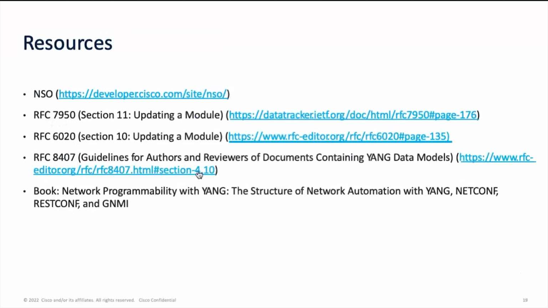This is a very useful document that talks not only about backward compatibility, but other aspects of the Yang language. And of course, the book Network Programmability with Yang, which talks about the structure of network automation with Yang, NETCONF, RESTCONF, and gNMI, and has several interesting topics that are relevant to backward compatibility.